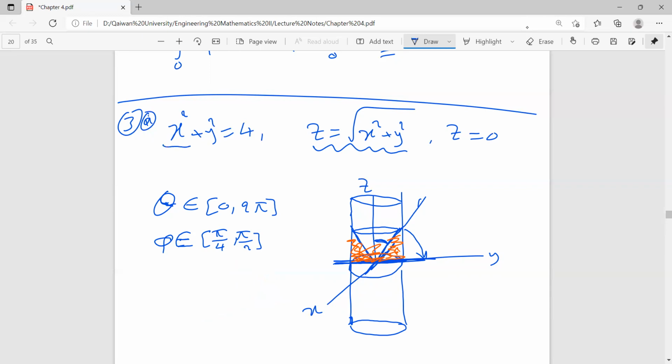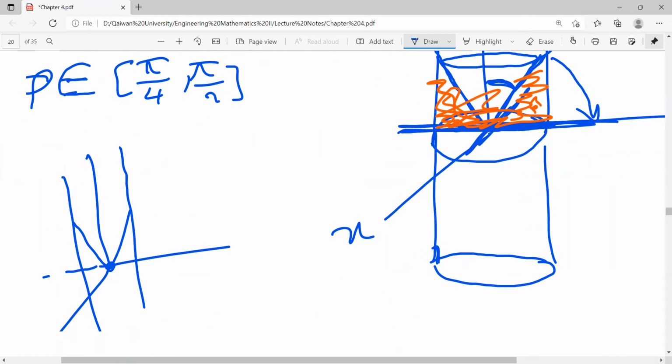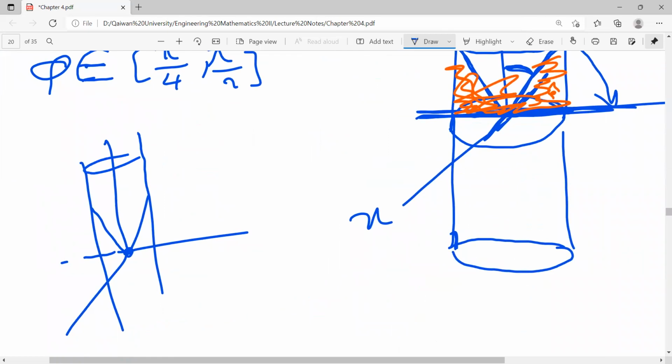And then for rho, we can find it from here. Let me draw the graph again. Here you have this, and you have this. From the origin, this is the cylinder, this is the cone.